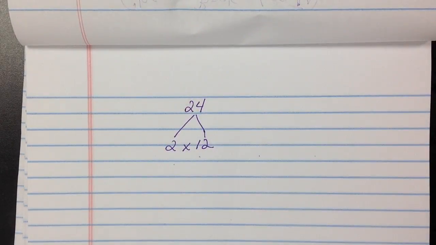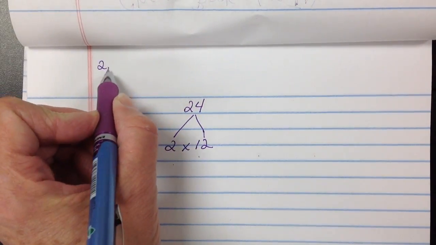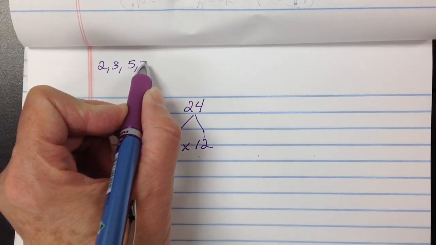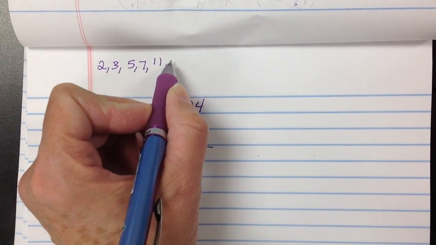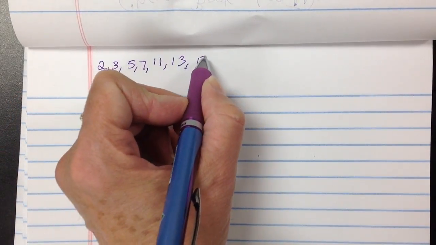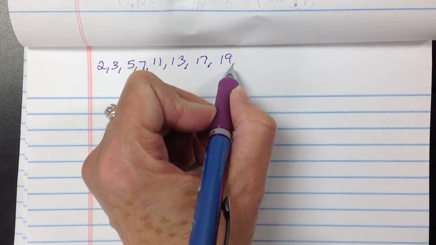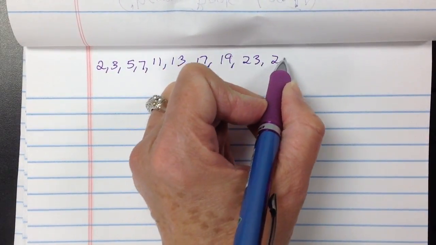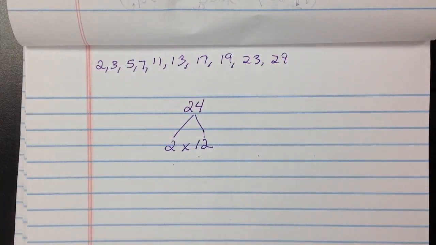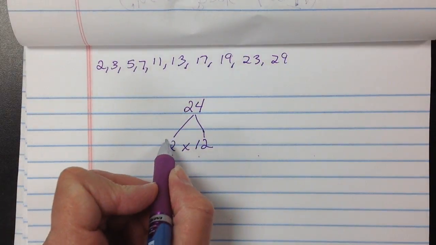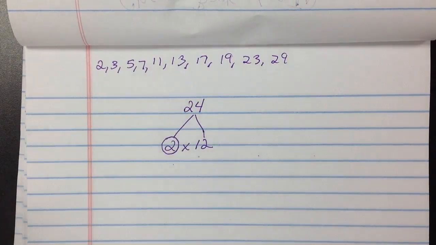Now, 2 is prime. Remember, your prime numbers: 2, 3, 5, 7, 11, 13, 17, 19, 23, 29. We're supposed to get those memorized. So 2 is prime. I'm going to circle 2 because it's prime.